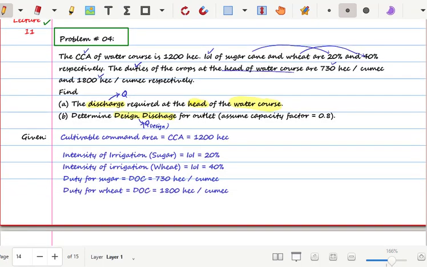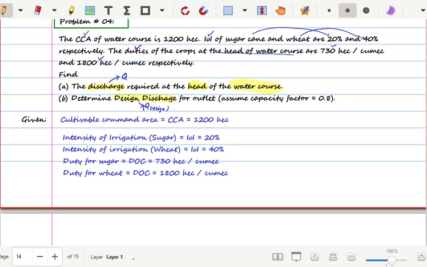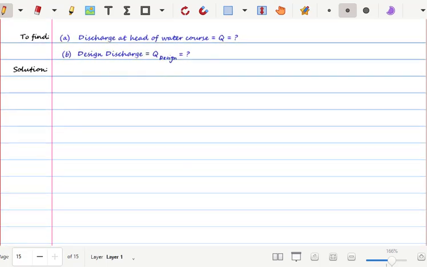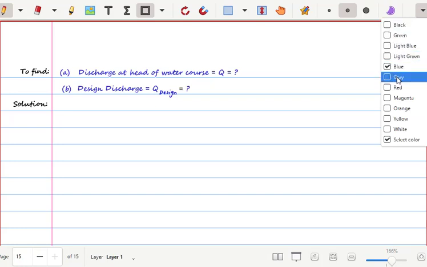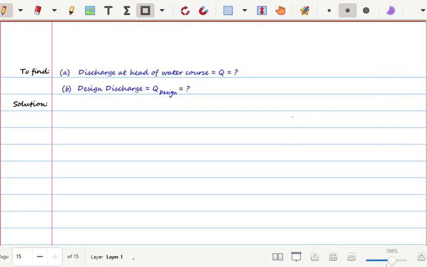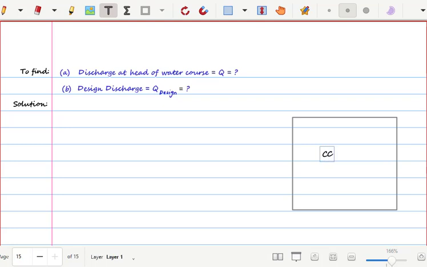According to the statement, we have 1,200 hectares of area, cultivable command area, right? Let's say this is our area, and this area, cultivable command area, is equal to 1200 hectares, right? This is given to us.